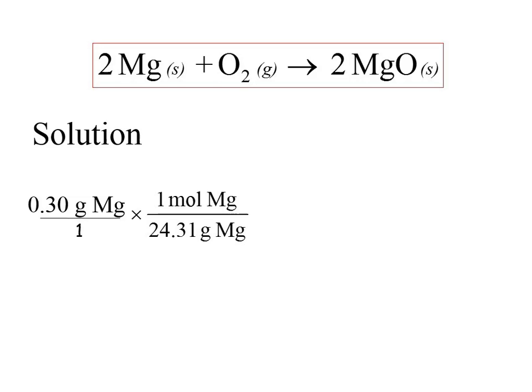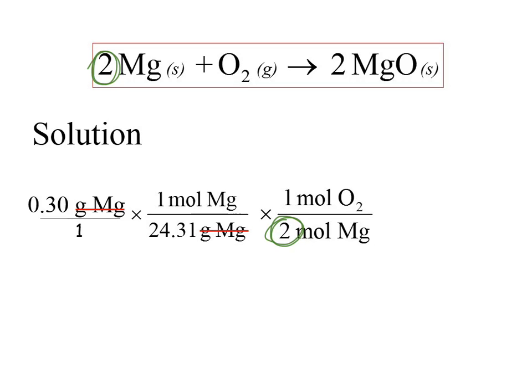Of course, sometimes it's nice to keep up with what units cancel as you go. Right now, if we were to stop, we have units of moles of magnesium. So now we're ready to go from moles of magnesium to moles of O2. This is going to be our stoichiometric ratio. We're going to put 1 mole of O2 over 2 moles of magnesium. If you haven't done too many of these, just remember where the 2 comes from and where the 1 comes from.